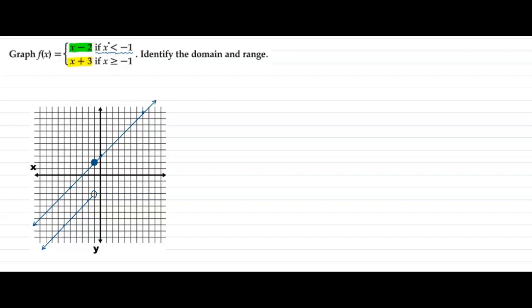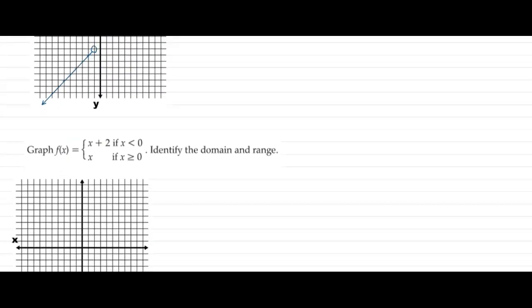I want to keep the part that is greater than -1. This part right here is where x is greater than -1. So I'm going to erase the other part. And now I'm finished. I've graphed this piecewise function. This is not the only way to graph a piecewise function. And in class with your teacher, we will be doing other ways to graph a piecewise function.